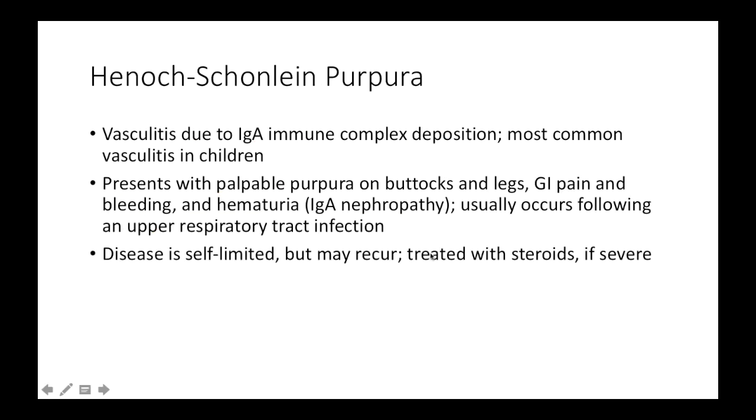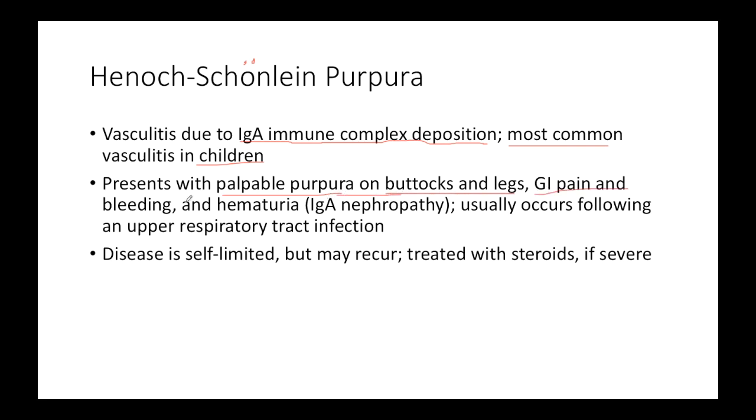And last of our small vessel vasculitides, we have Henoch-Schönlein purpura. So just pretend there's these little dots above the O. This is a vasculitis due to IgA immune complex deposition. So a little special here. It is the most common vasculitis in children. Here you can see palpable purpura on the buttocks and legs.